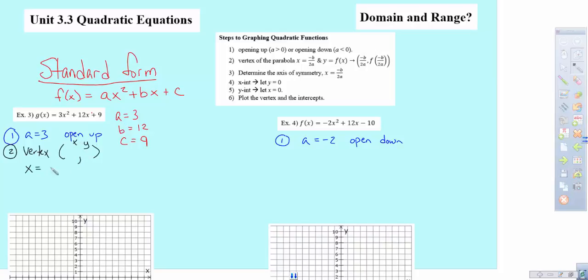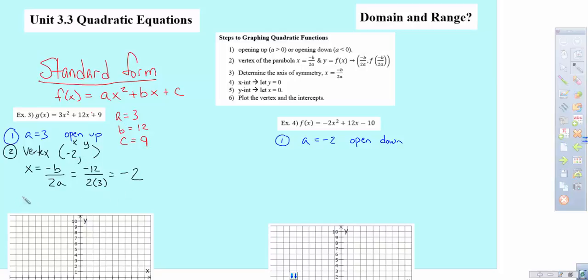We can find the x value. We take the negative of b and divide it by 2a. In this case that would be negative 12 divided by 2 times 3, which simplifies to negative 2. So the x portion of the vertex is negative 2.